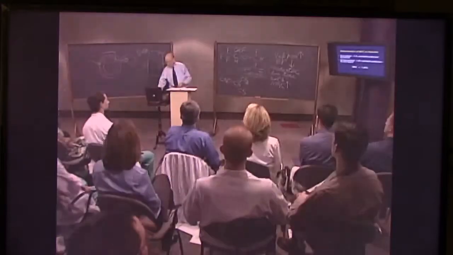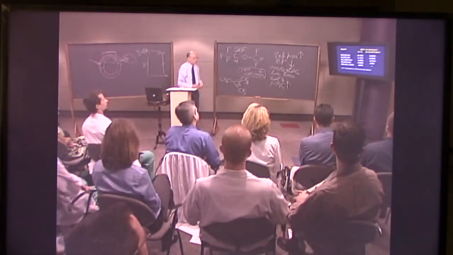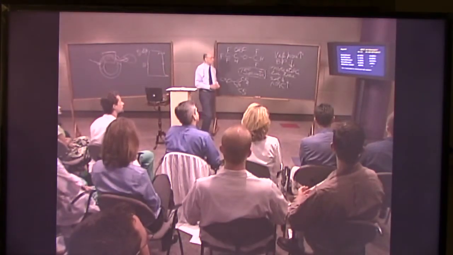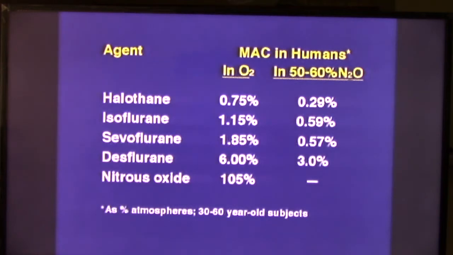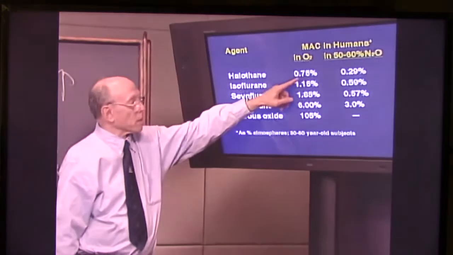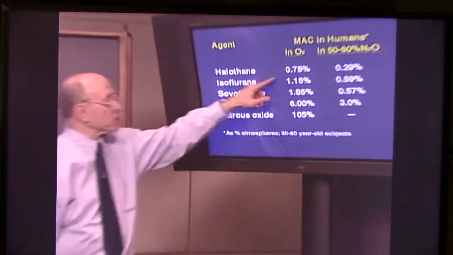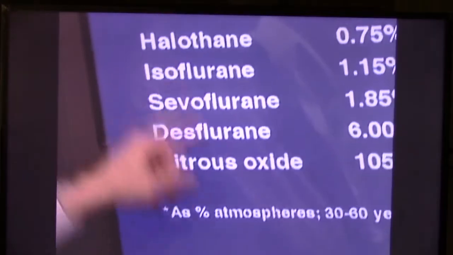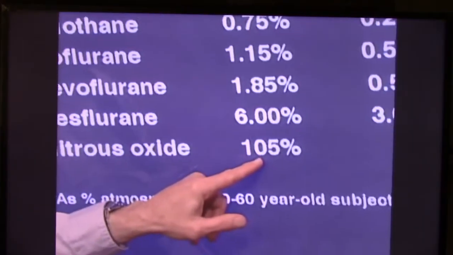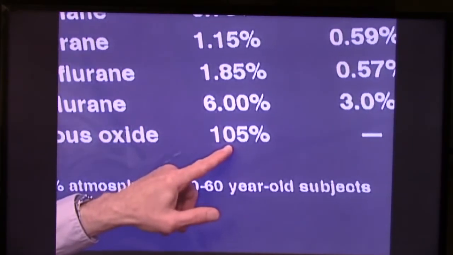Now here are the resulting values from determinations of MAC in humans. If you talk about the MAC values in oxygen, they range from a low of 0.75% for halothane to a high of 105%. That's of what? 105% of what?